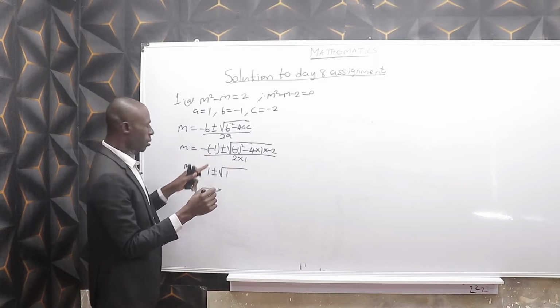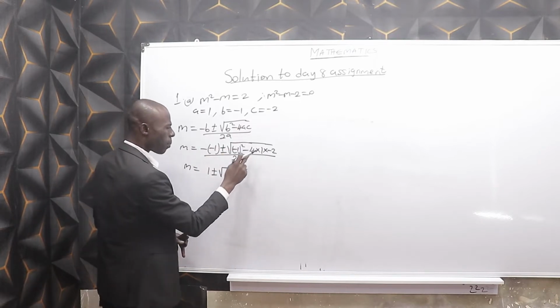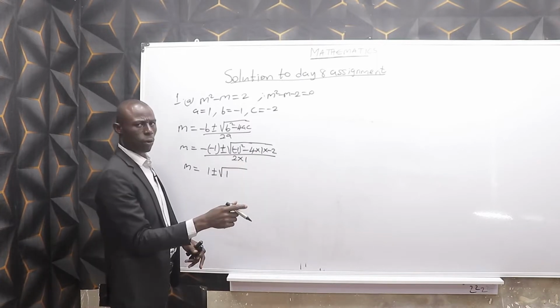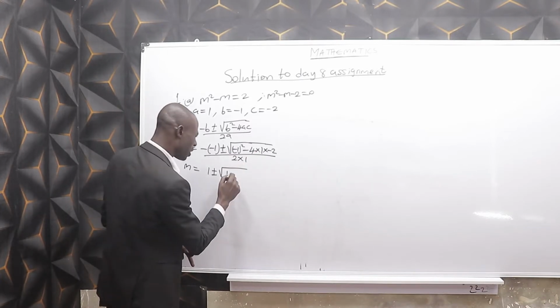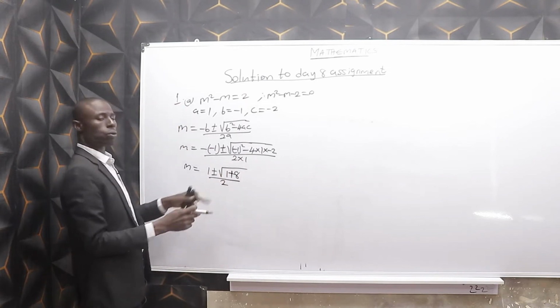Minus 1 all squared is positive 1. Minus 4 times 1 is minus 4. Minus 4 times minus 2, that is positive 8, over 2. 2 times 1 is 2.